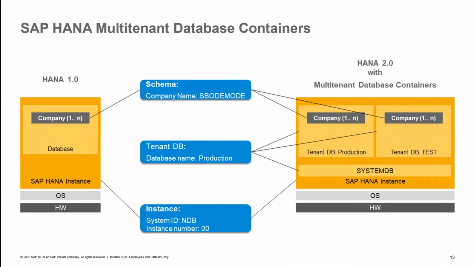Now this simplifies the backup and restoring process a little bit, because we don't have to execute this kind of operation on top of the SAP HANA instance; we can do it at the tenant database level.